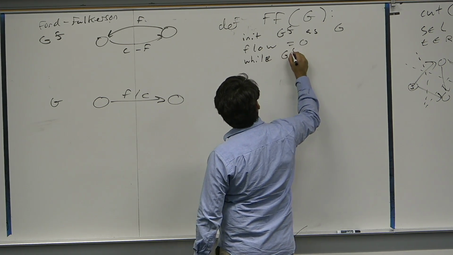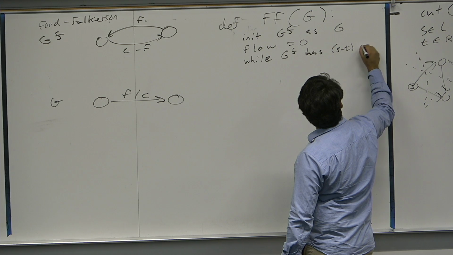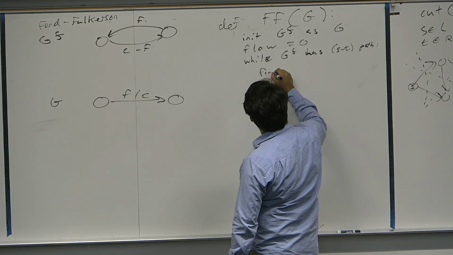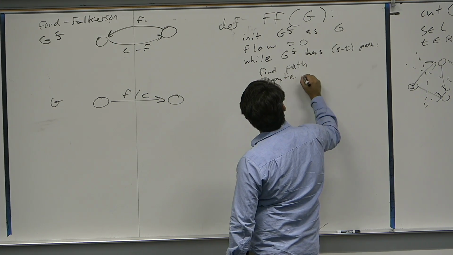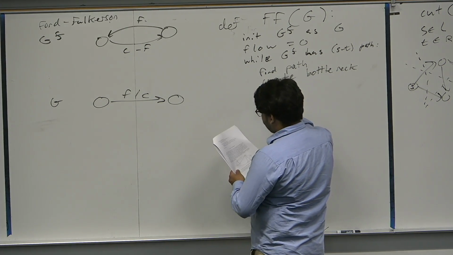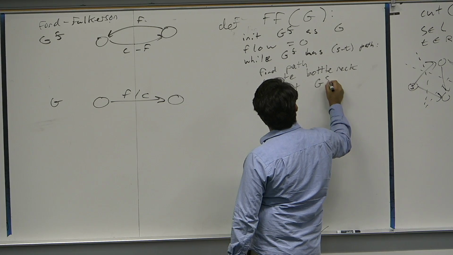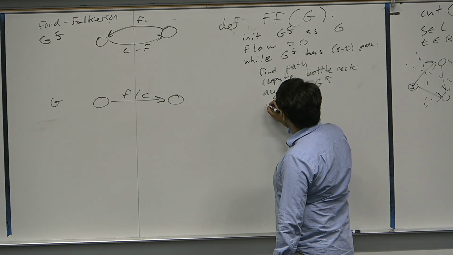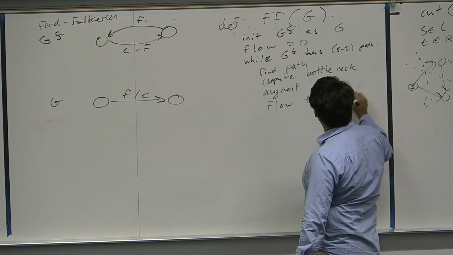While the residual graph has an s-t path, we're going to find a path, compute its bottleneck, and augment the residual graph as follows. And then the flow is going to plus-equal this bottleneck.